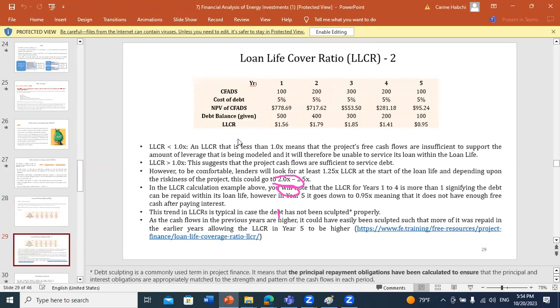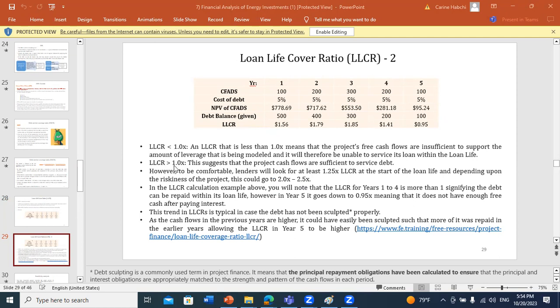So in general, as we said, for this ratio, it's recommended to have a high value. For example, if the LLCR is smaller than 1, as we said, this means that the project free cash flows are not sufficient to support the amount of leverage that is being modeled, and it will therefore be unable to service the loan within the loan life. Okay.